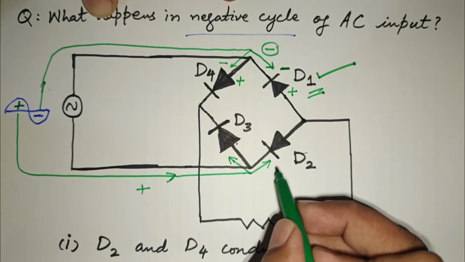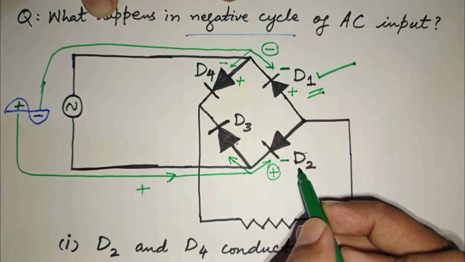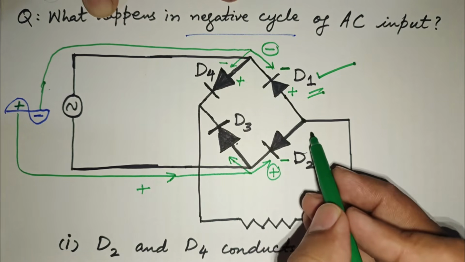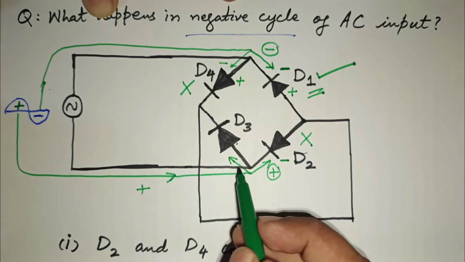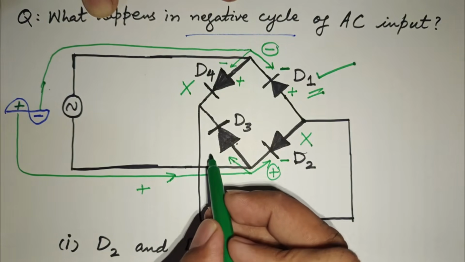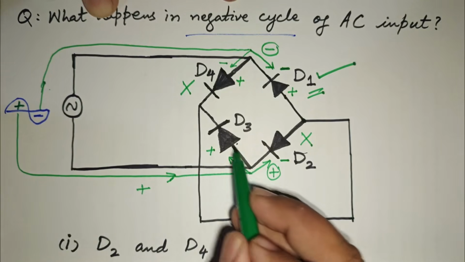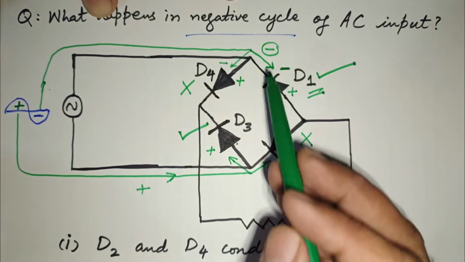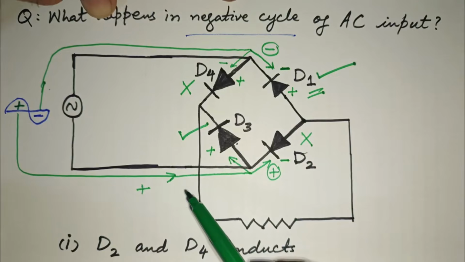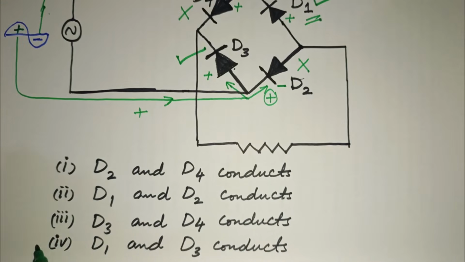When the positive one reaches over here, this is the negative terminal of D2. It will not allow, no current. But when this positive reaches D3, this is the positive side of D3. So it will allow the current to pass through it. So for the negative cycle, who conducts? D1 and D3 conduct and D2 and D4 will not conduct. This is the correct option.